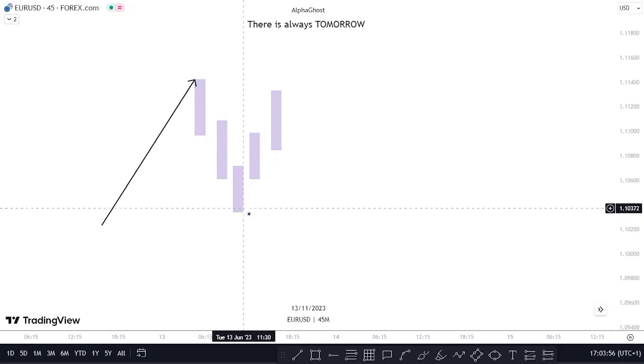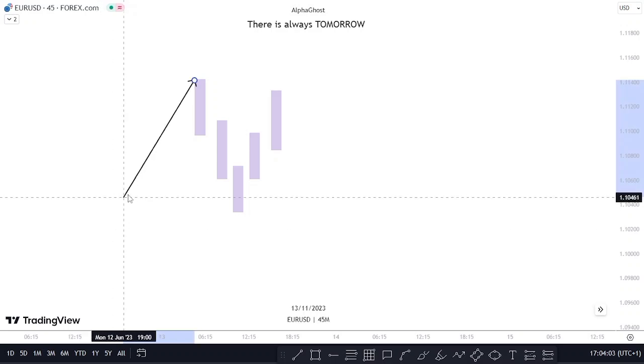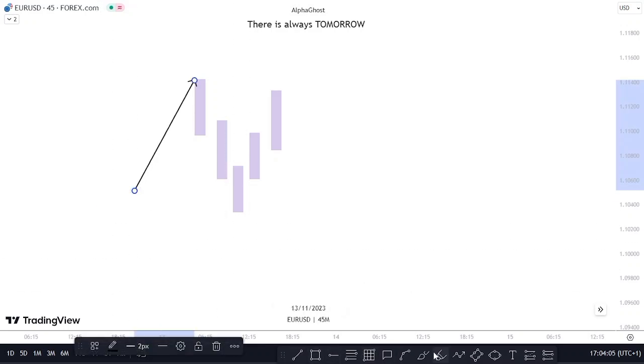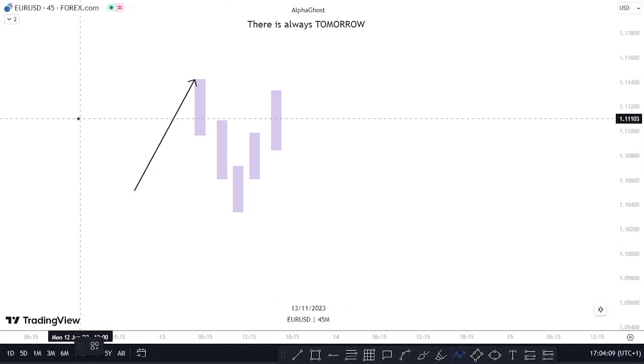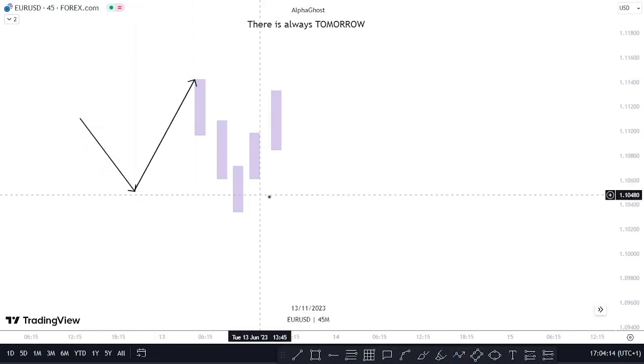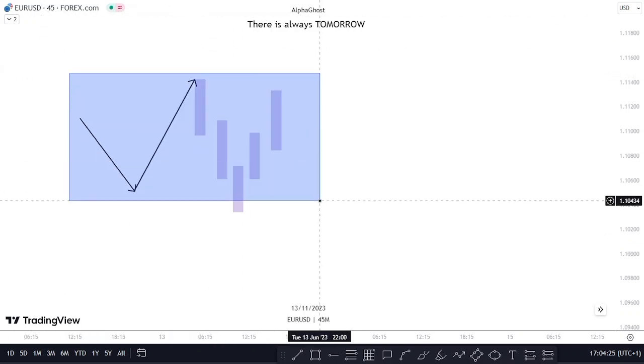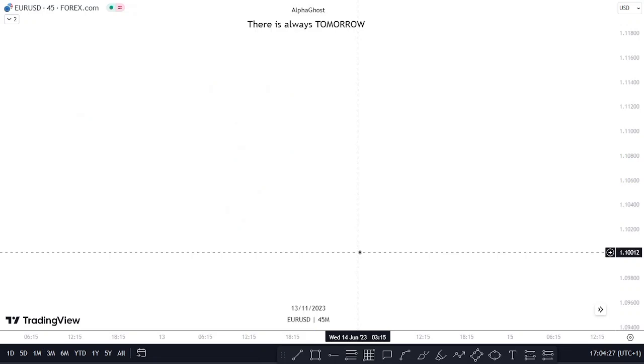Now these are just a bunch of candles, but now this candle here, let me do something here like this. Something like this. So now this candle here took out this candle low. Now if the next candle takes out the previous candle low, it's also a form of structure. If you go on a lower time frame, you actually see it more clearly there.